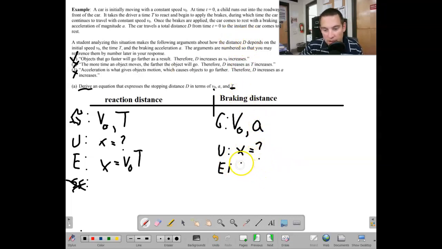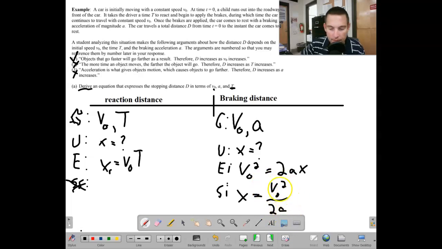Comes to rest. So we know the final speed is 0, so we can use that shortcut. And that shortcut is going to be v naught squared equals 2ax. We have to solve for x, so I'll divide 2a from each side, and we have x equals v naught squared divided by 2a.